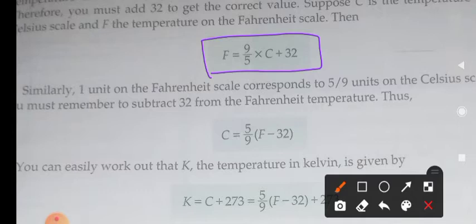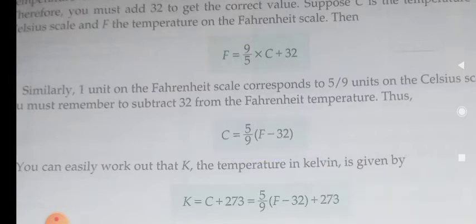If the temperature is given in the Celsius scale, you can convert it into Fahrenheit by applying this formula. Similarly, for conversion to the Celsius scale, you can use this formula: 5 by 9 into F minus 32, that is Fahrenheit minus 32. This formula is used for the conversion to the Celsius scale.